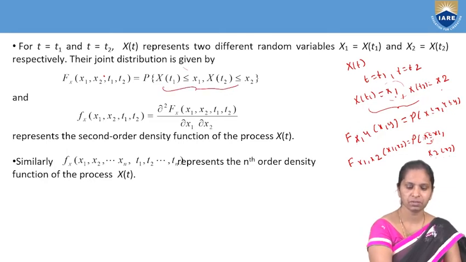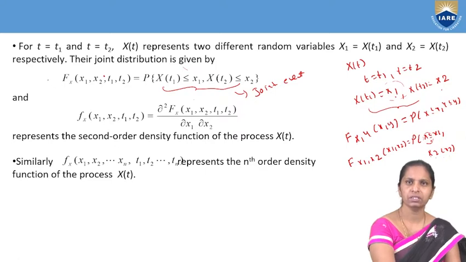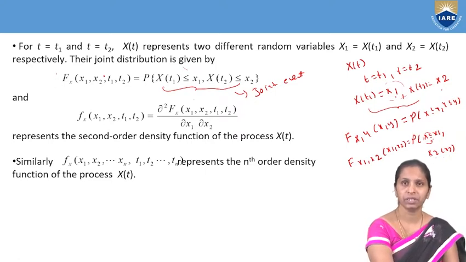This event is called a joint event, like A intersection B. X of t1 less than or equal to x1 comma X of t2 less than or equal to x2. This event is called a joint event. Therefore, this is the second order distribution function of the random process X of t at t equals t1 and at t equals t2.